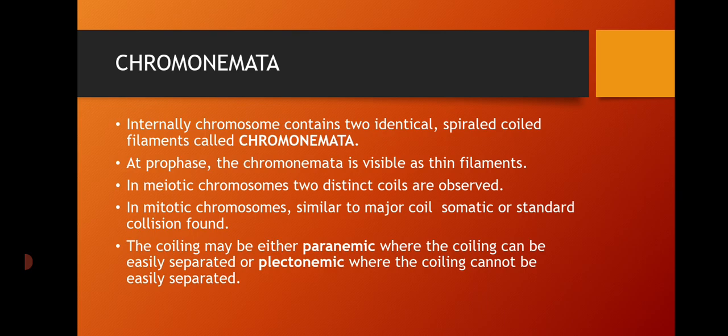In meiotic chromosomes, two distinct coils are observed. One is the major coil, which consists of 10 to 30 gyres. The other is the minor coil, which has a larger number of gyres.